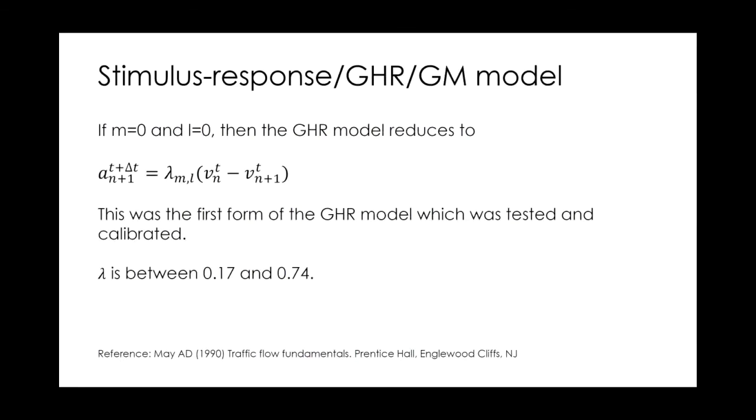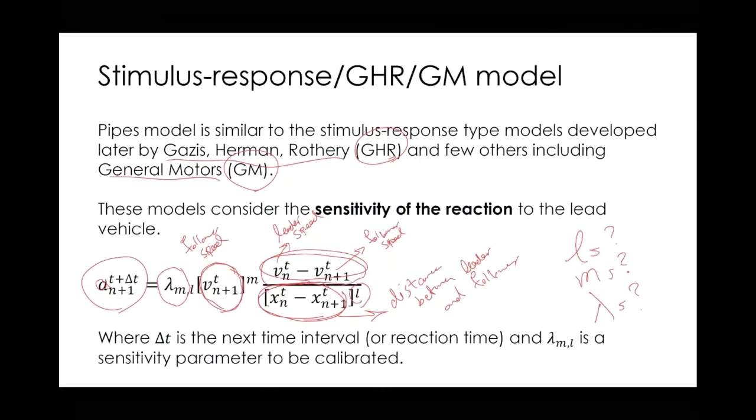Now let's dive into this, and let's assume m is equal to L is equal to 0, right? So if I go back to the original formula, what will happen here if L is equal to 0 and m is equal to 0? So this would be 0, this would be 0. So the denominator would be 1, v power 0 would be 1.